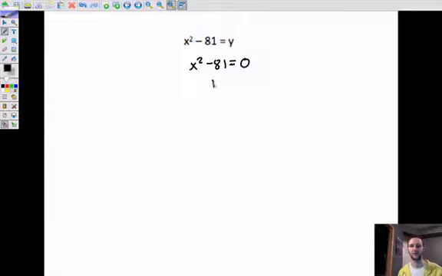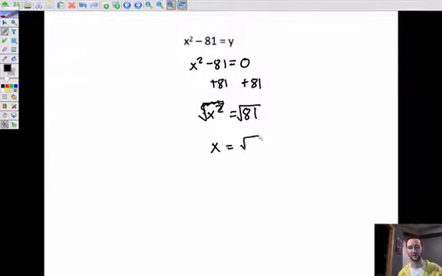So for now, we're just going to add 81 to both sides, and we're going to save the square rooting for our next step. Because now when you square root both, you'll get just x over here, because those cancel each other off, equals square root of 81.